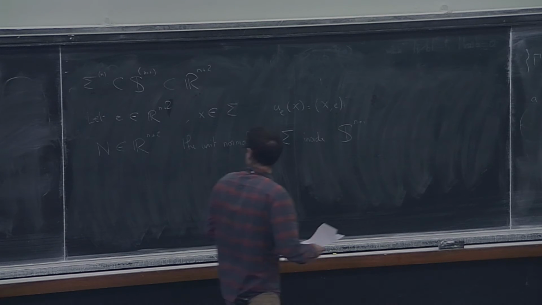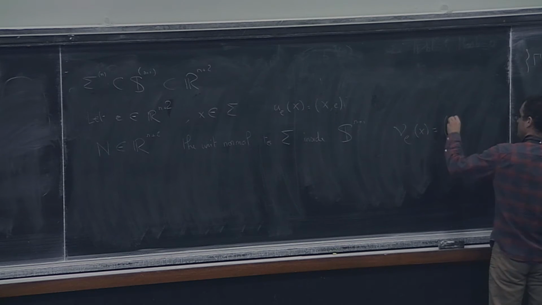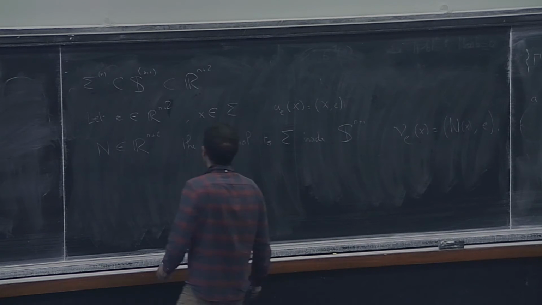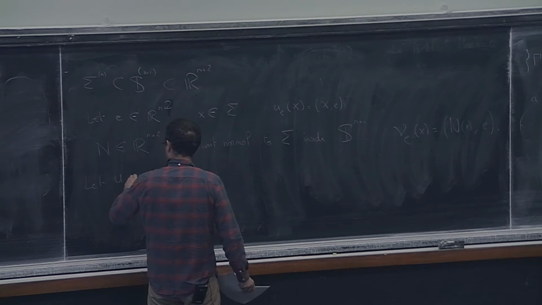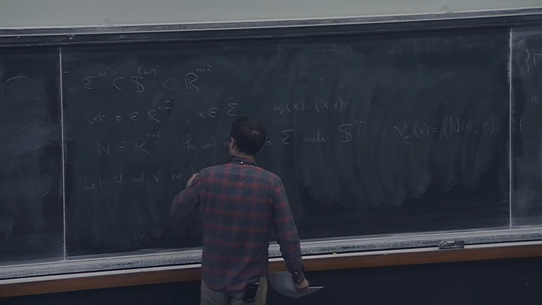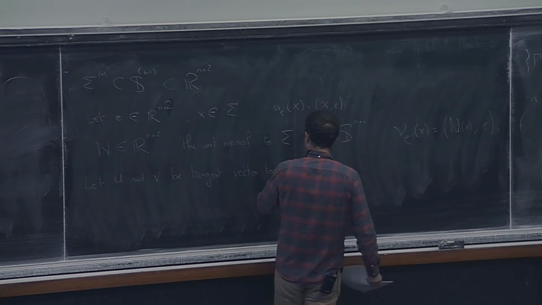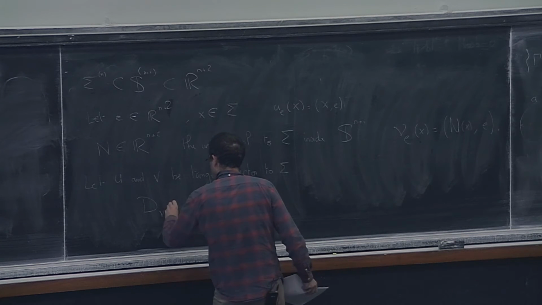And I will denote by nu_e(x) just N(x) scalar e, the scalar product of these two. And here the computation I want to make is to compute the Laplacian of this. So basically, let u and v be tangent vectors to sigma, and look at the computation of the derivative with respect to v of the function u_e.